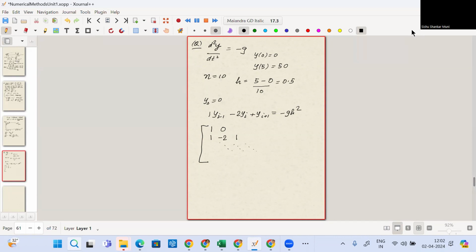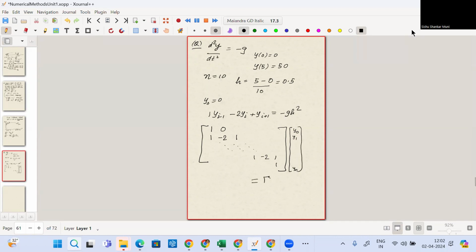All other elements which I am not writing here are 0, meaning they don't have a coefficient in them. Till you get 1, -2, 1 again, and 1 here. You can see why I only have a 1 here. That's the final value, the boundary final value. But you have it here.